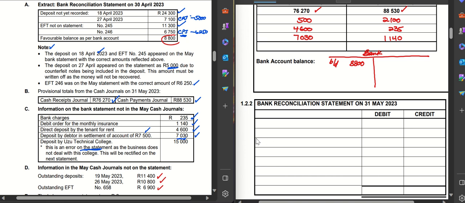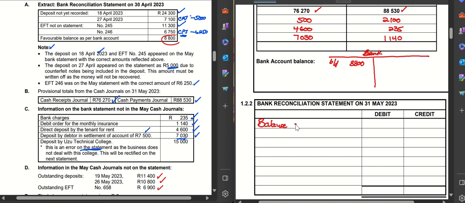Remember, in the bank reconciliation statement, we always start with balance as per statement. Remember that there are two different ways of doing this. You either have the one column or the two column. In this case, I'm going to do the two column. Hence, you see I have a debit and a credit. And then I'm going to start off with balance as per statement and end off with balance as per bank account.